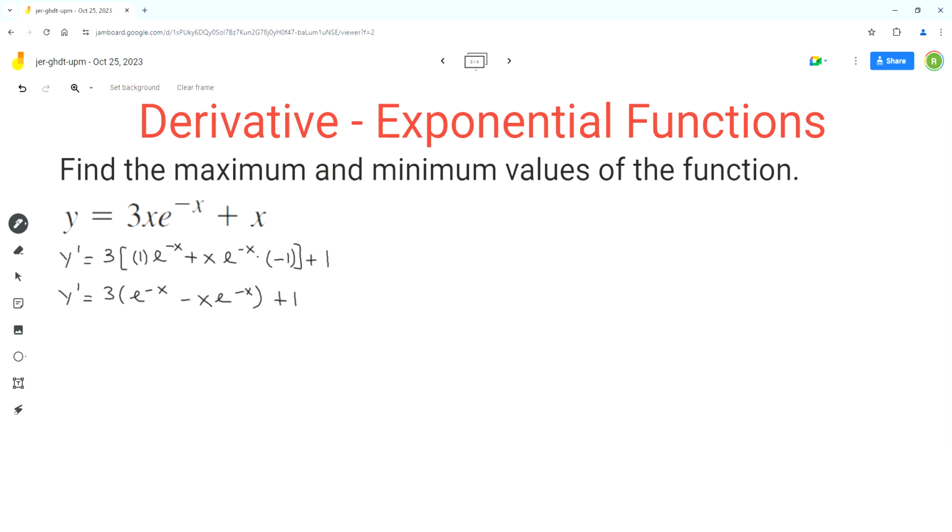Now we can factor out e to the power negative x from the parentheses. Now we can set the derivative equal to 0 and solve for x.